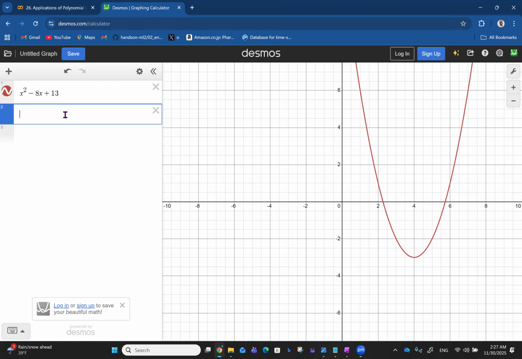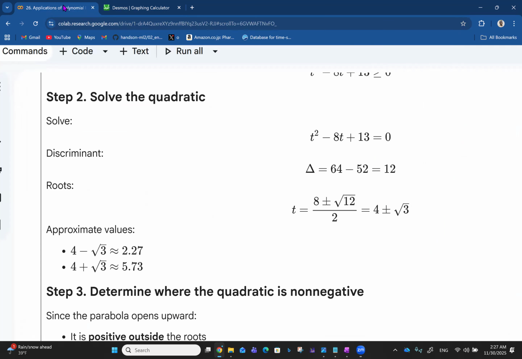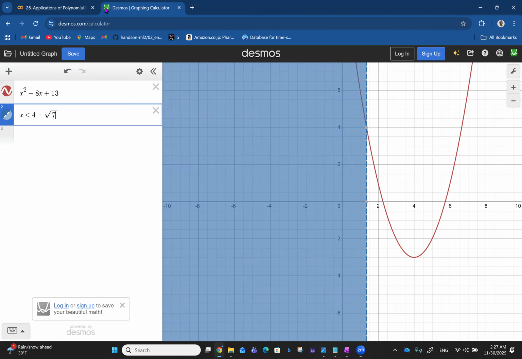So for it to be positive, you see the negative is between, so within this range, it's negative. The positive sides are only up here. So we have x less than or equal to 4 minus square root of 3, not square root of 7.